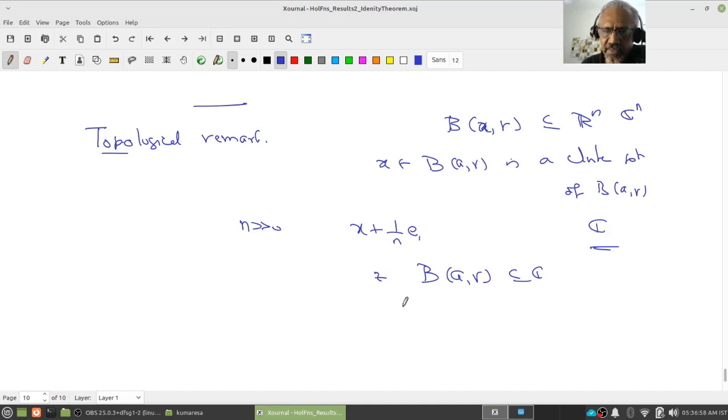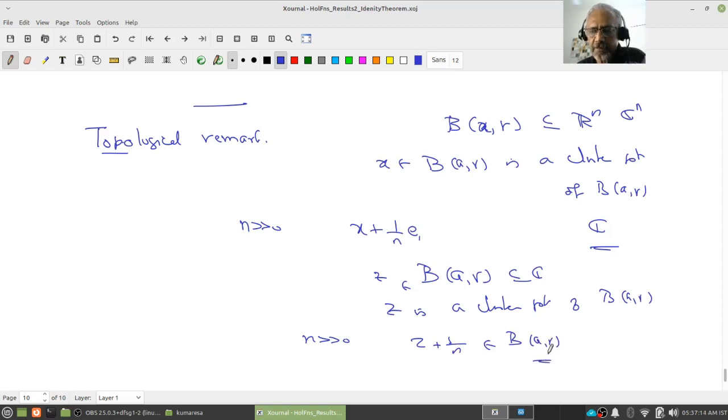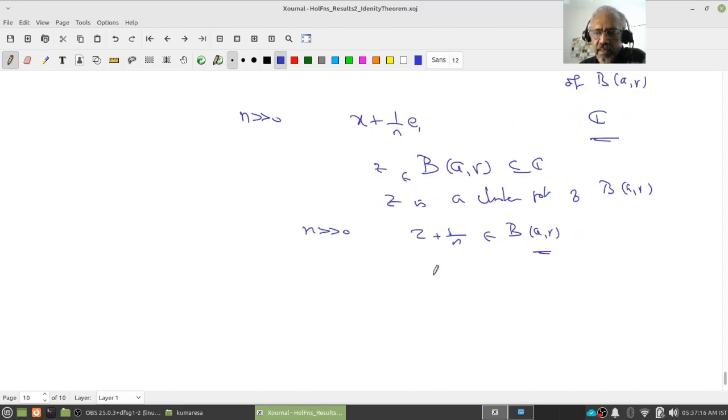Then every z here is a cluster point of B̄. Why? Because if n is very, very large, z plus 1 by n will be in B̄, and therefore the points z plus 1 by n are all different from z, and z plus 1 by n converge to z.